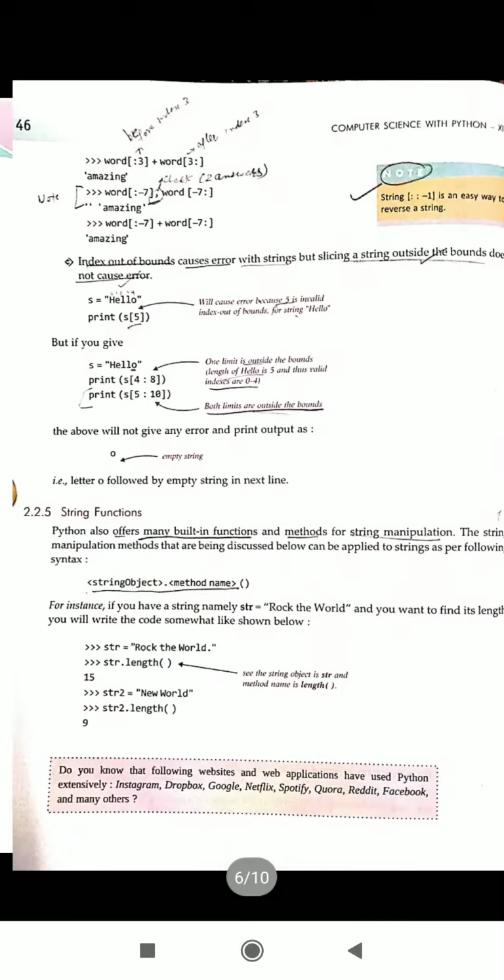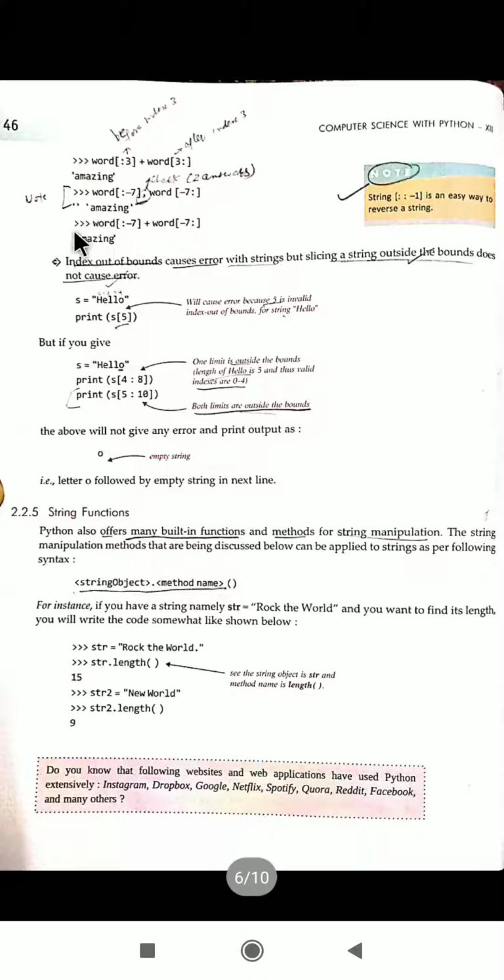So word colon 3 means before 3, it means it will print from 0 to 2. So you will get AMA. I hope it is clear. Now next, if you use plus instead of comma, what will you get?